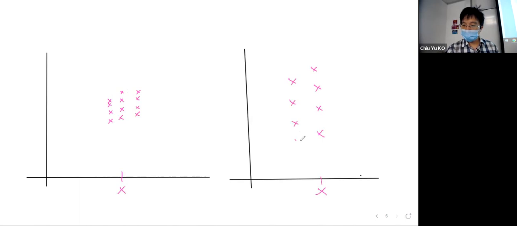This is small sigma, and this is large sigma.